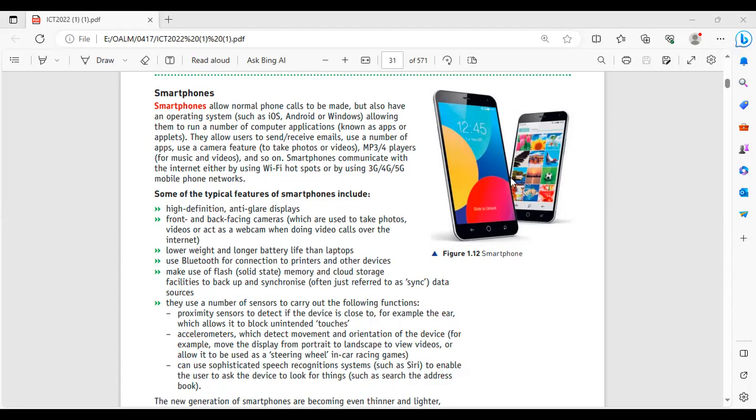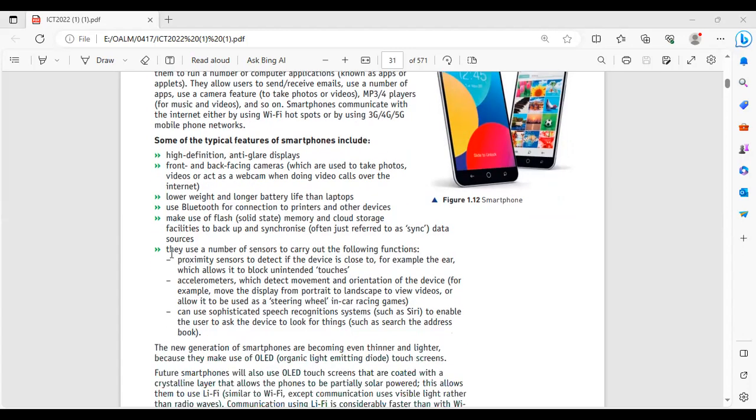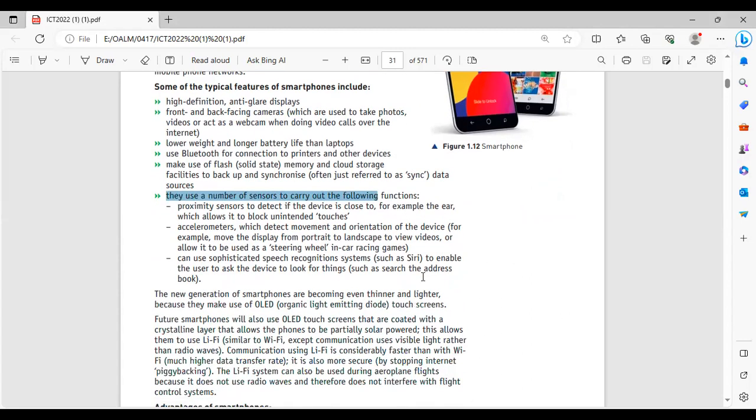Okay, and Rehan, can you explain these? They use a number of sensors to carry out the following function. What is meant by that?